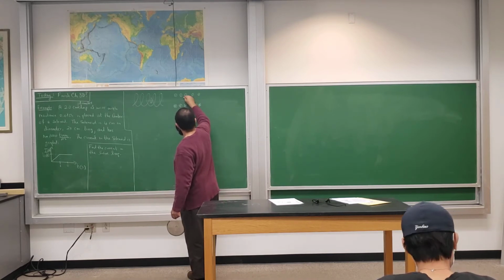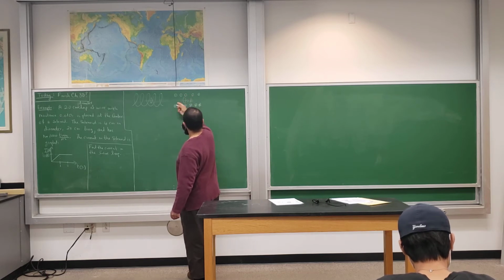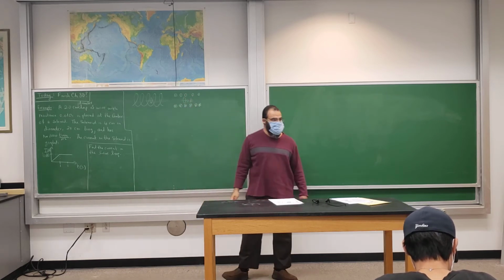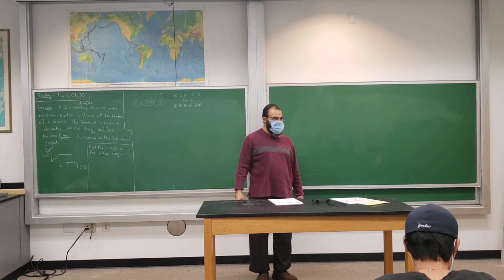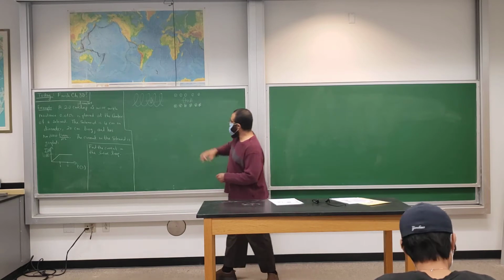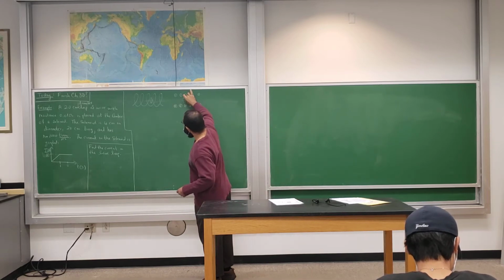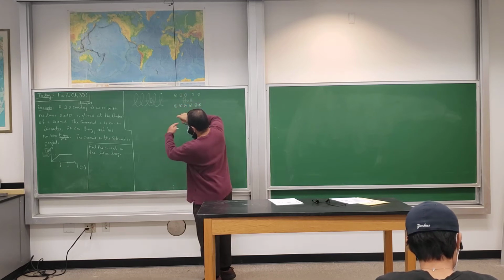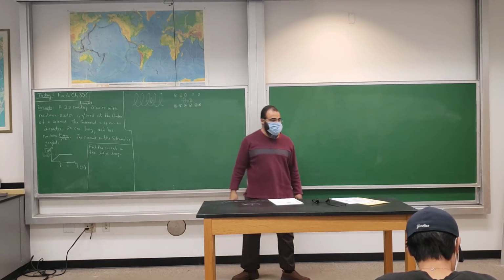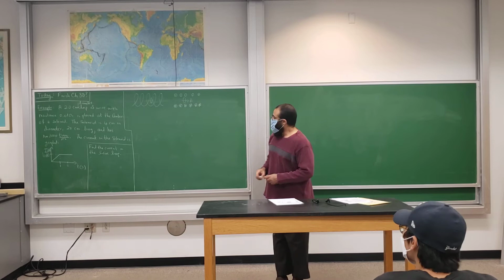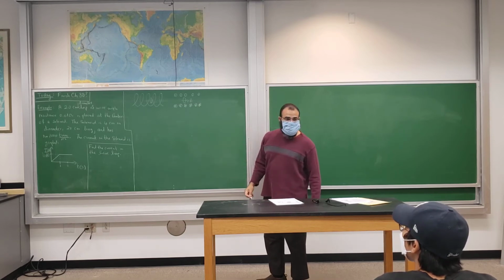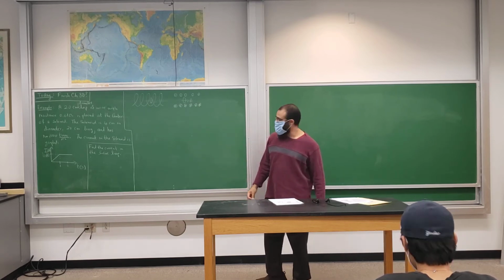Now, there is a loop here through which the magnetic field passes. So the loop is like this, and the magnetic field is going through the loop. Let's first figure out what the magnetic field within this solenoid is.